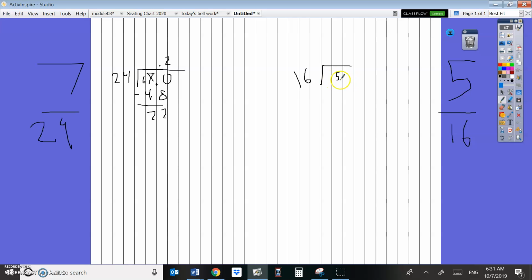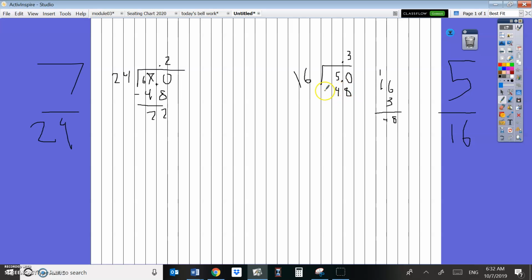Okay, let's work the first step on this one. How many 16s in 50? There's 3, I think. 3 times 16 is 48.